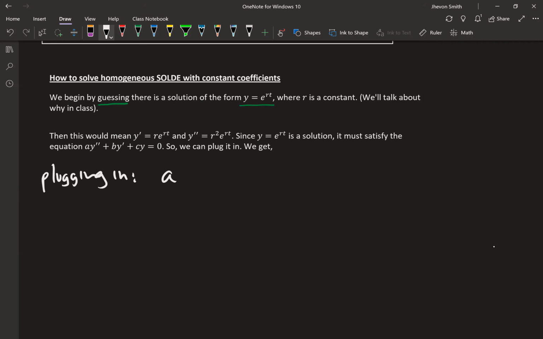I would get a times r squared e to the rt plus b times r e to the rt plus c times e to the rt, by replacing my y with e to the rt.